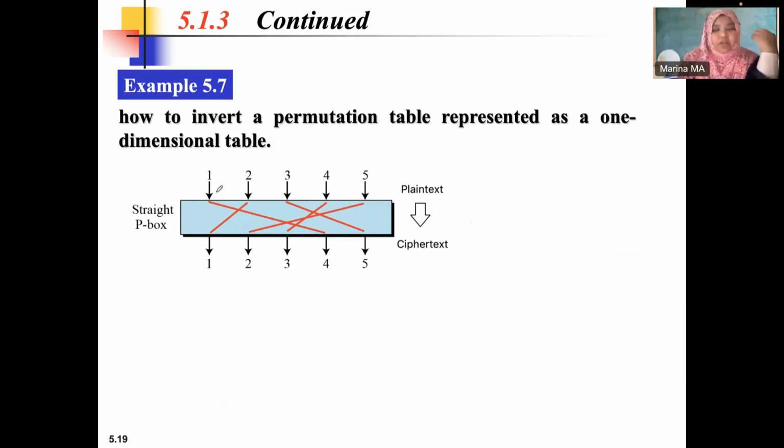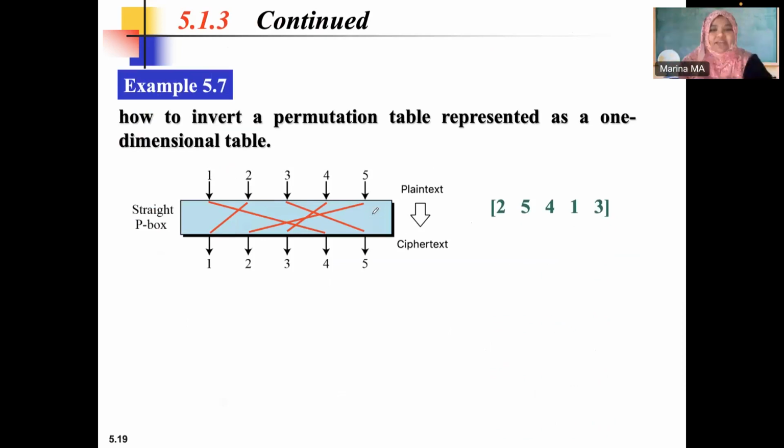So this is the original one from the previous slides. This is your straight P box, 5 plain text, 5 ciphertext, so plain text to ciphertext. What you do is, the name is invert. So you just flip this map.